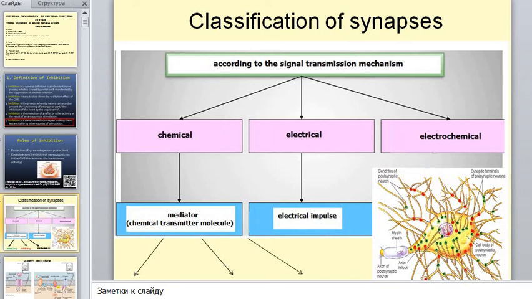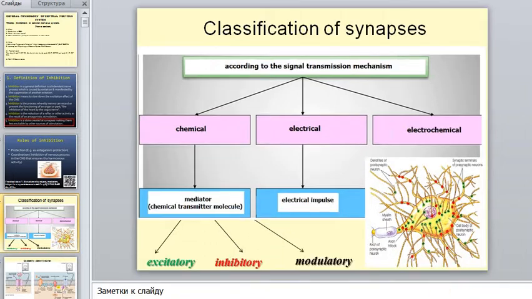So, about the classification of synapses, what we know. According to the signal transmission mechanism, in our and animal organisms we can find chemical, electrical and electrochemical synapses. The electrical synapses usually give only excitatory signals.